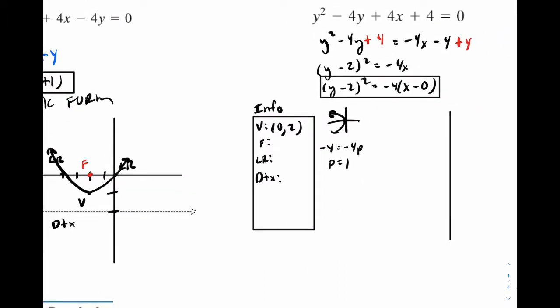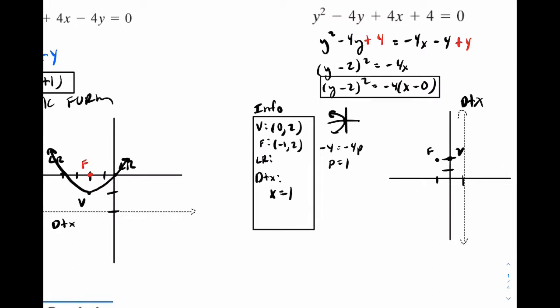Let's do a quick sketch here. The vertex is 0, 2. If I'm opening to the left, that means the focus should be on the left, and p is 1. So just move 1 left. There's our focus, which would be -1, 2, which means the directrix is 1 to the right. So I'll put that right here. DTX, that's x equals 1.